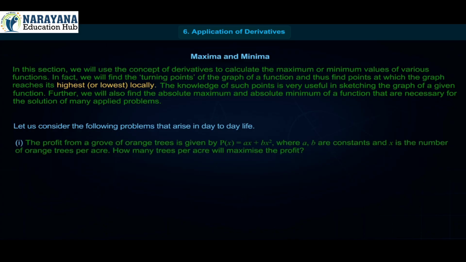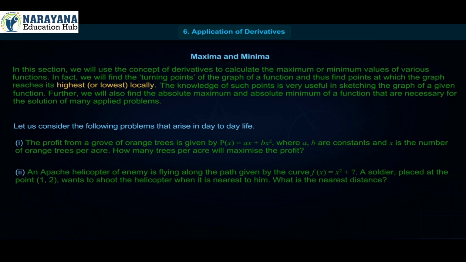Number 1. The profit from a grove of orange trees is given by P of x is equal to ax plus bx square, where a, b are constants and x is the number of orange trees per acre. How many trees per acre will maximize the profit?